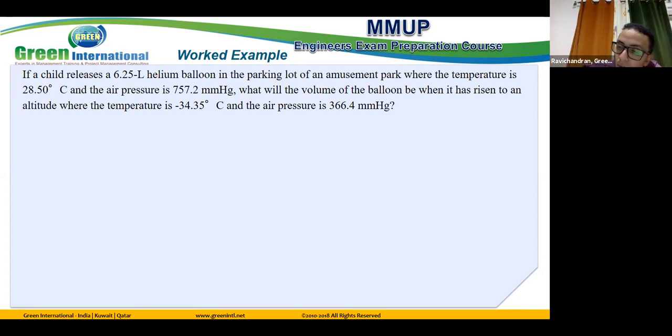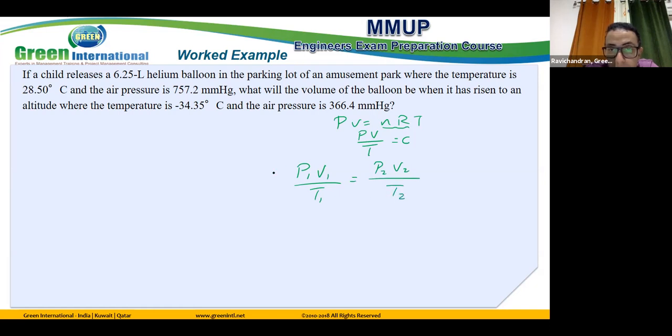We write PV equals nRT. If you consider n and R constant, then PV over T is constant. So P1 V1 over T1 equals P2 V2 over T2. This we apply in the case of a change for the three parameters P, V and T.